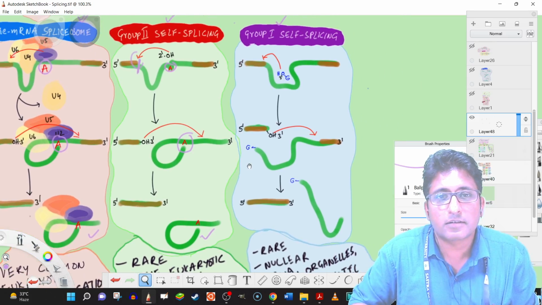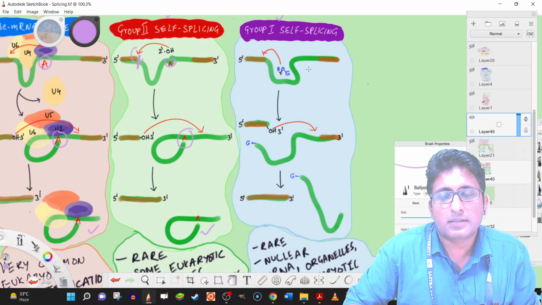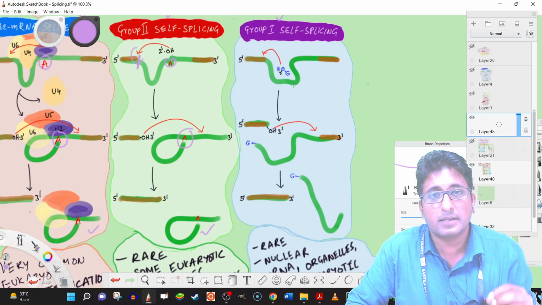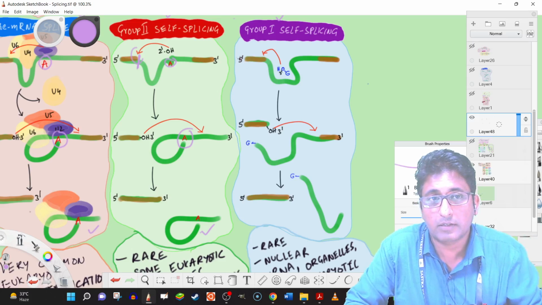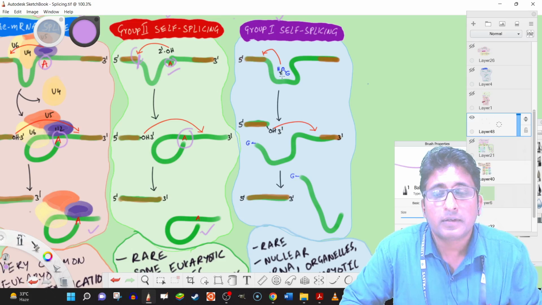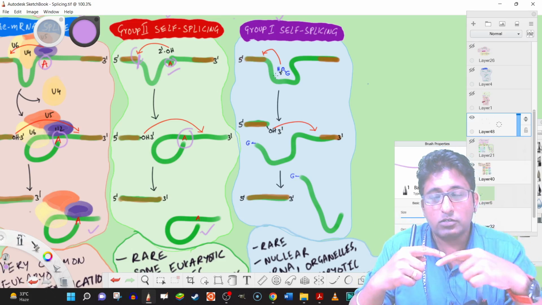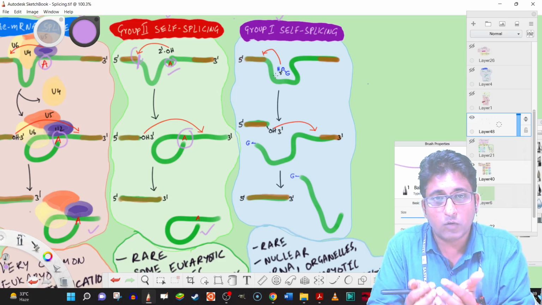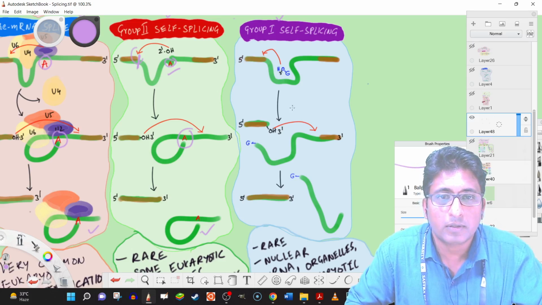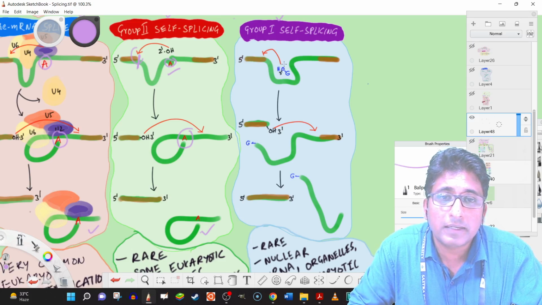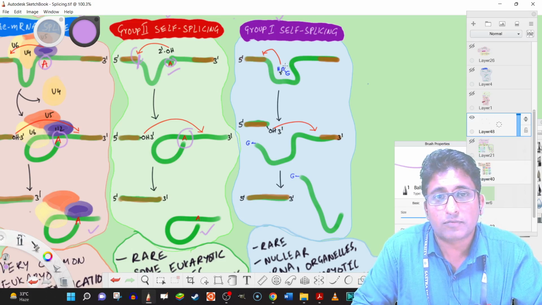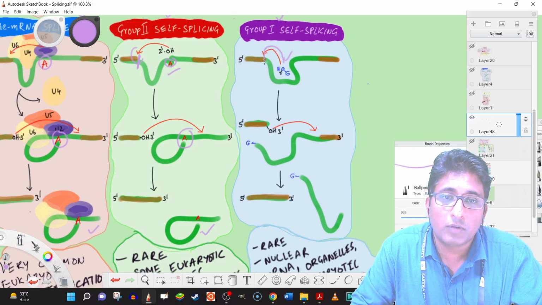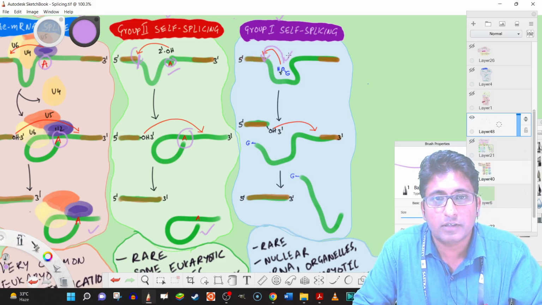Group 1 is interesting, in that it does not have a branch site A like in the case of group 2 here. Instead, the group 1 intron folds upon itself, creating a microenvironment in which a GTP can be bound, and the 3' OH of that GTP could get activated and make the transesterification reaction here.